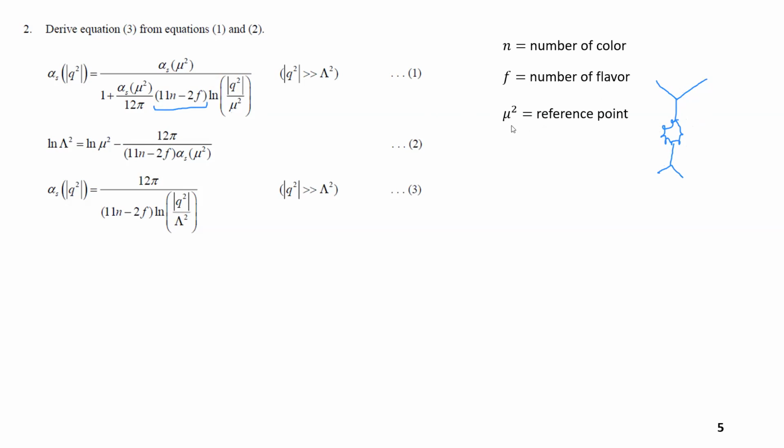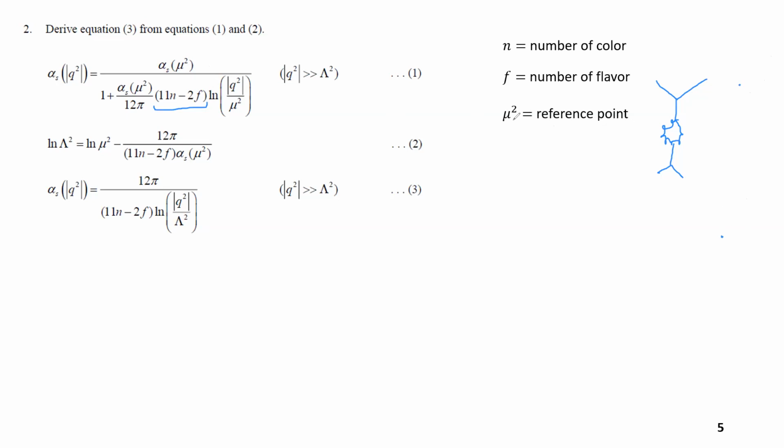Another difference is that we cannot choose alpha 0 as the reference point, because in QED we can safely separate two charges very far apart and measure the charge. But in QCD we cannot separate two free quarks.